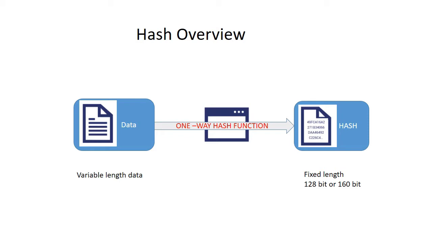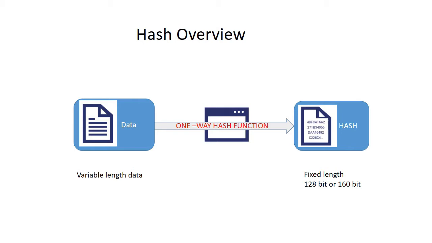It takes input data, and this data may be of variable length. It may be just a single word, or a sentence, or even a file. When the hash function is applied, it creates a fixed length hash based on the input data, and it creates an irreversible hash.